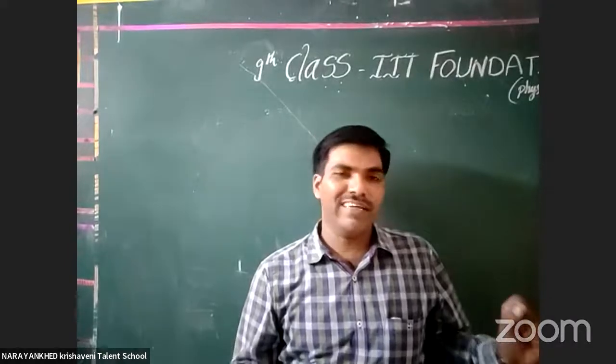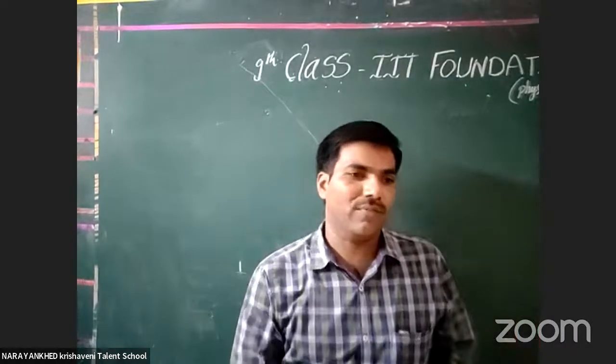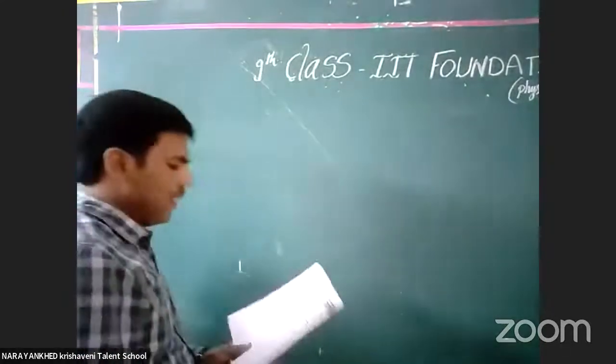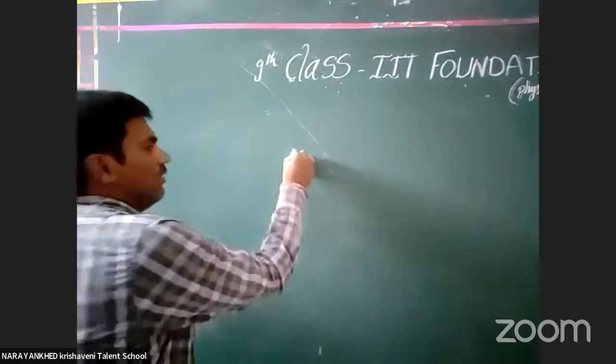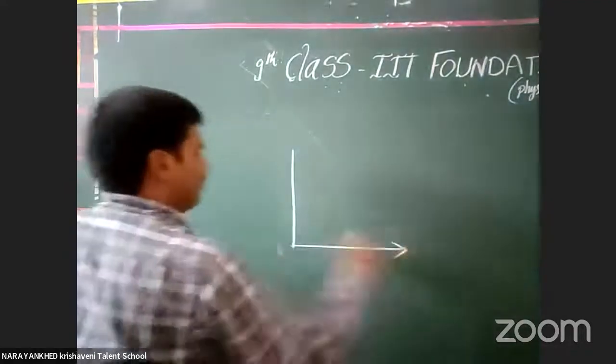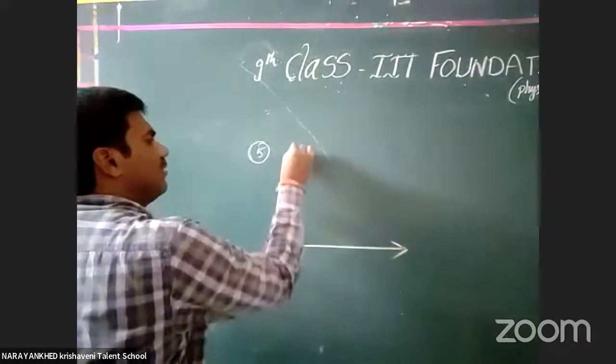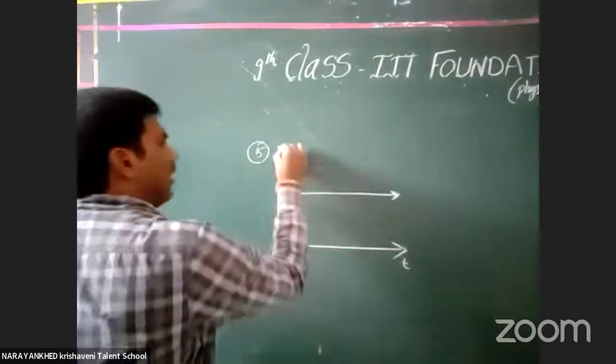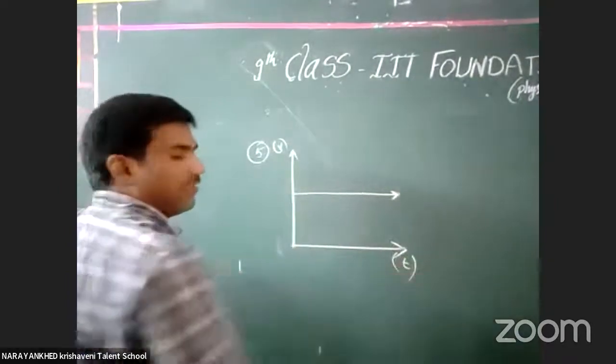Now everything is the correct answer only. Clear or not? In multi-answer type questions, every answer is correct. Why? Because there is the fifth question, once analyze it. The graph is parallel to the time axis, velocity as well as time.